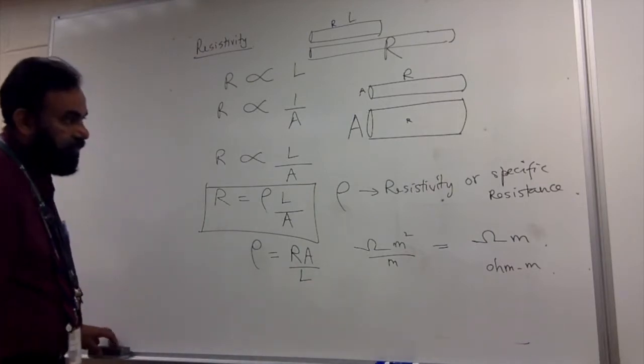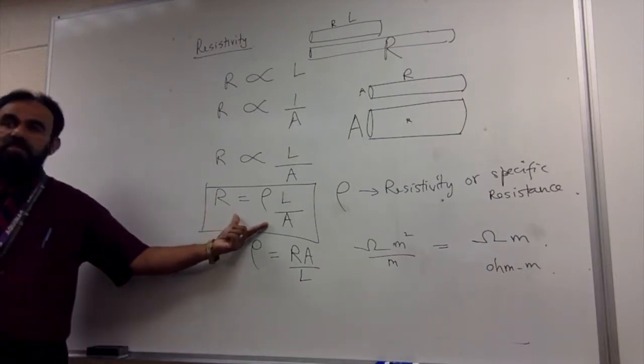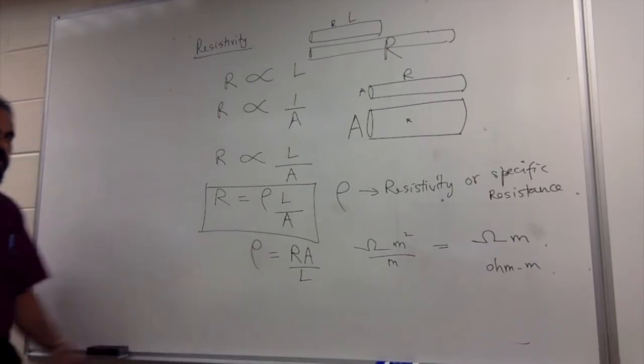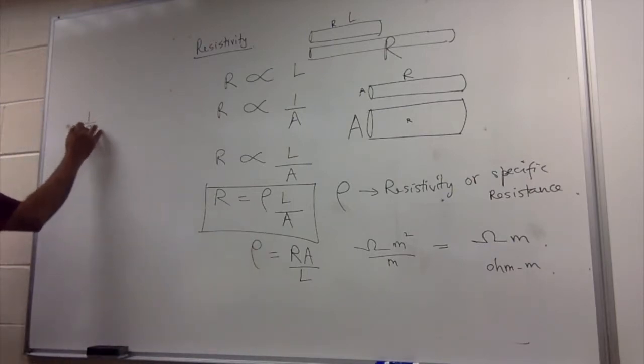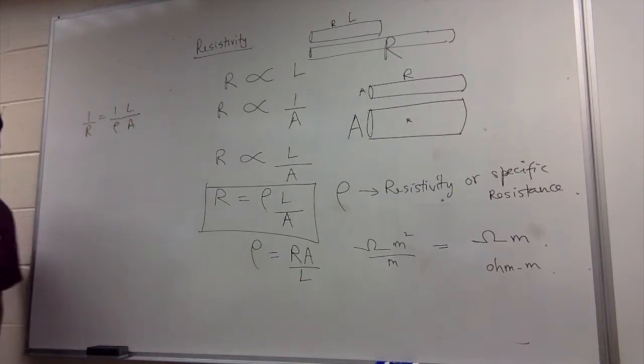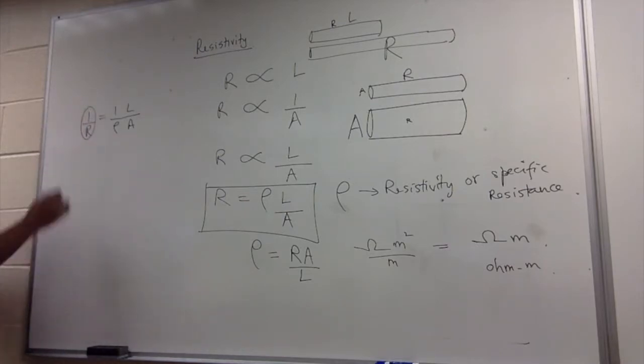Now, if you take the reciprocal of this equation, you get 1 over R is equal to 1 over rho, L over A. And this 1 over R is called conductance.